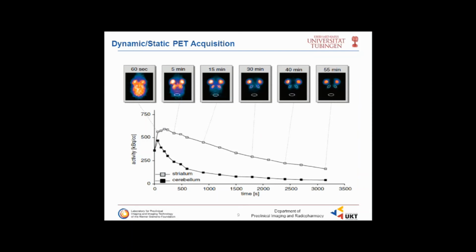So over here you have a 1 hour scan, and then you frame your 1 hour into small fractions. For example, over here, within the first 60 seconds, you see the distribution. This is the perfusion image, more or less, of the tracer distribution. And then you get more and more specific binding. So you have small individual frames of your entire scan time.